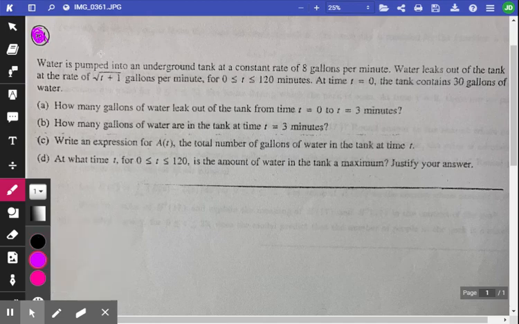The biggest thing you need to know about integral as net change is that if we take an integral of a rate, the result will tell us how much. This is the big concept that I'm going to keep going back to.